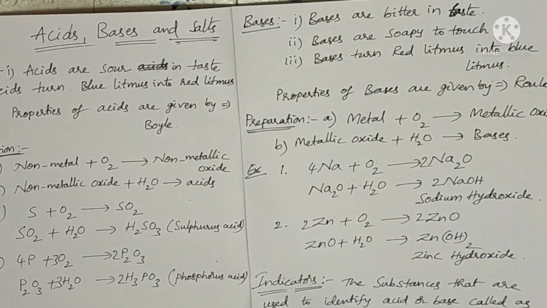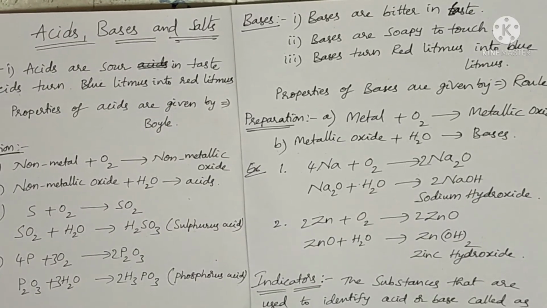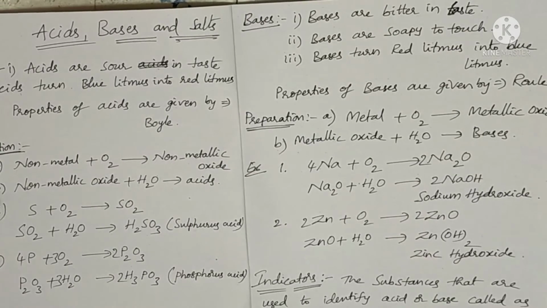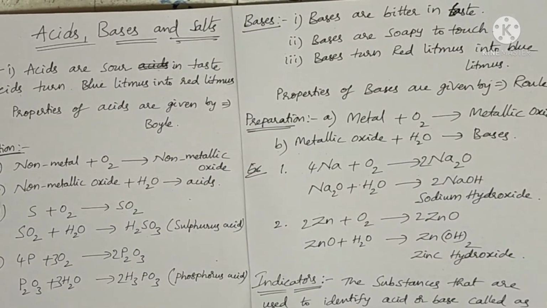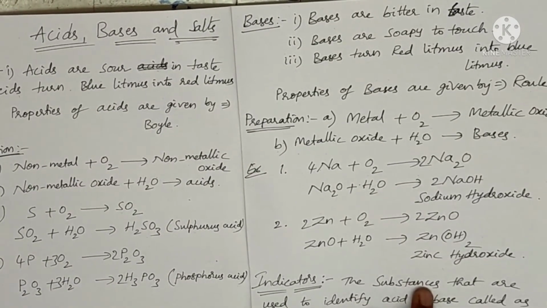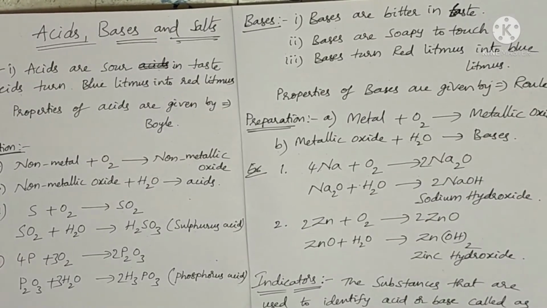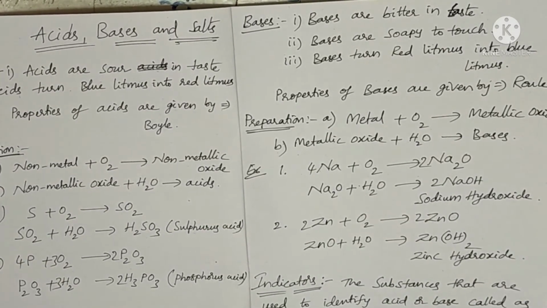So the given substance can be identified as acid or base by using these substances, which are called indicators.